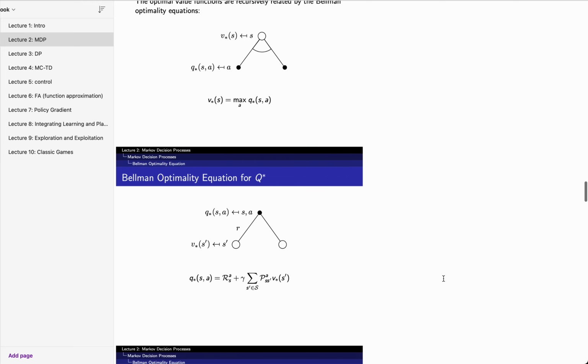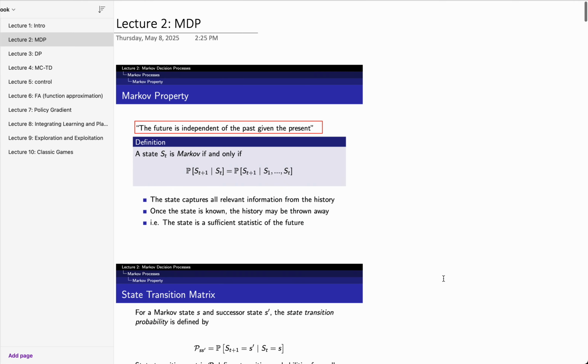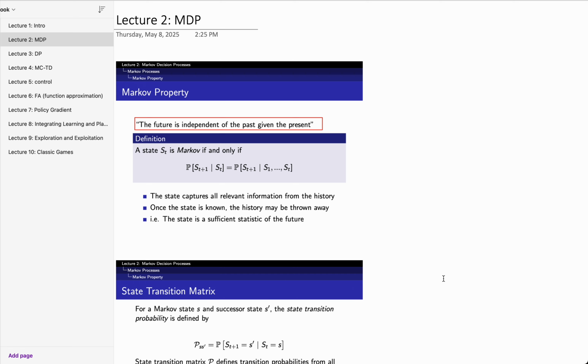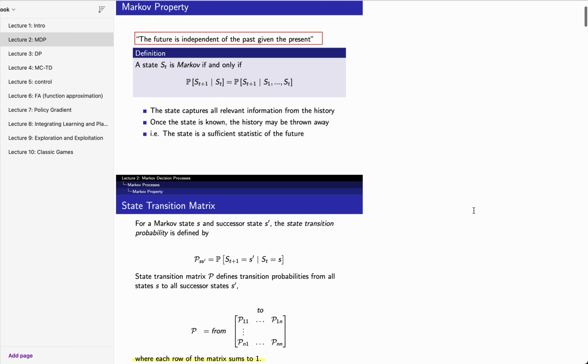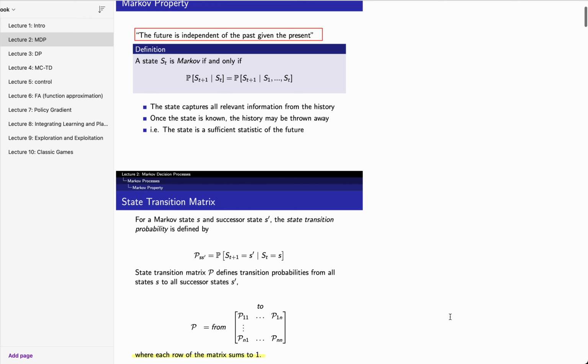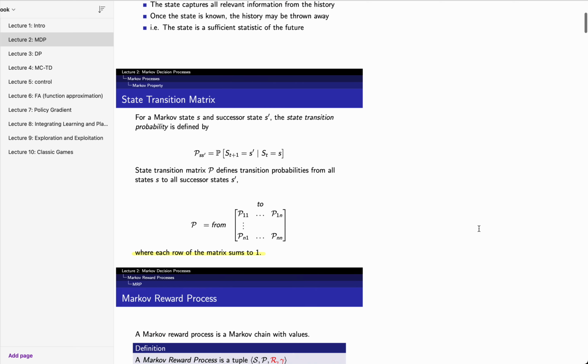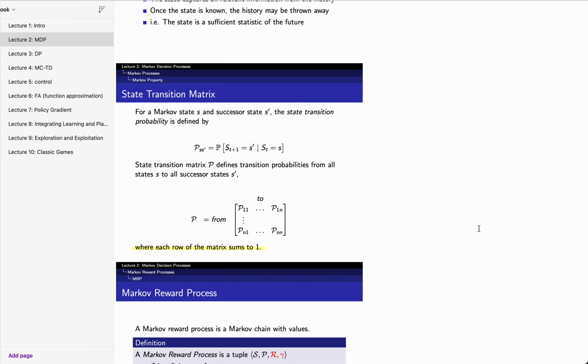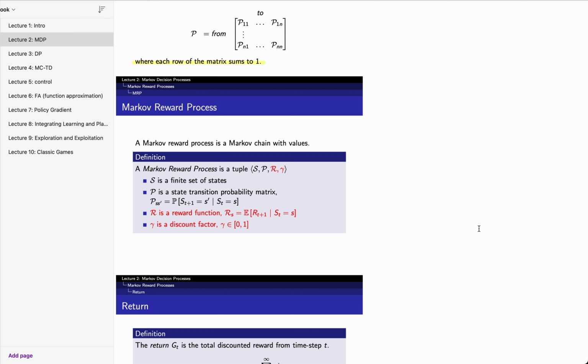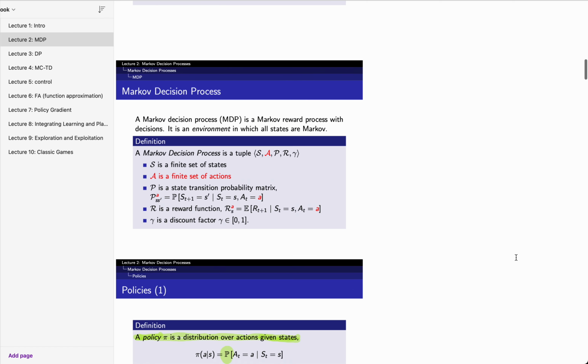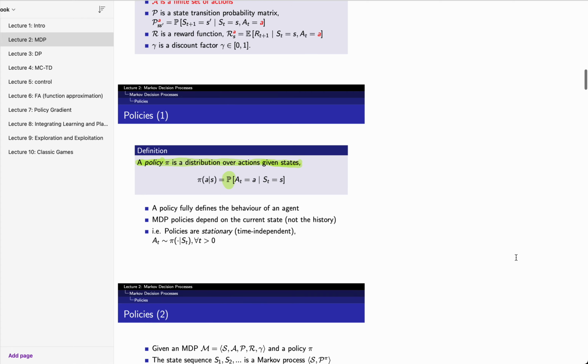Okay, with that, I guess I'll take a pause to summarize the concepts I explained in lecture 1. I explained several terms, including state S, and the state transition matrix P, which defines the probability from S to S prime. I defined the Markov reward process, which has no actions involved, and then the Markov decision process, which has actions involved.